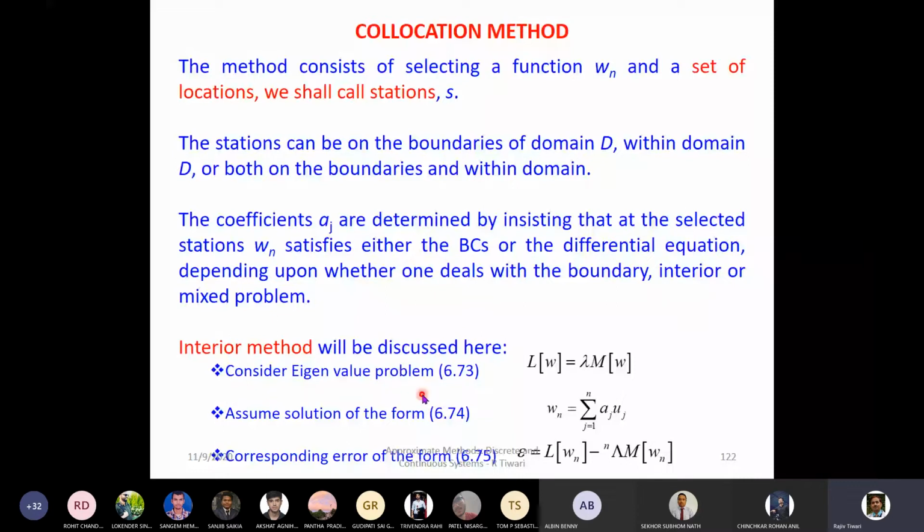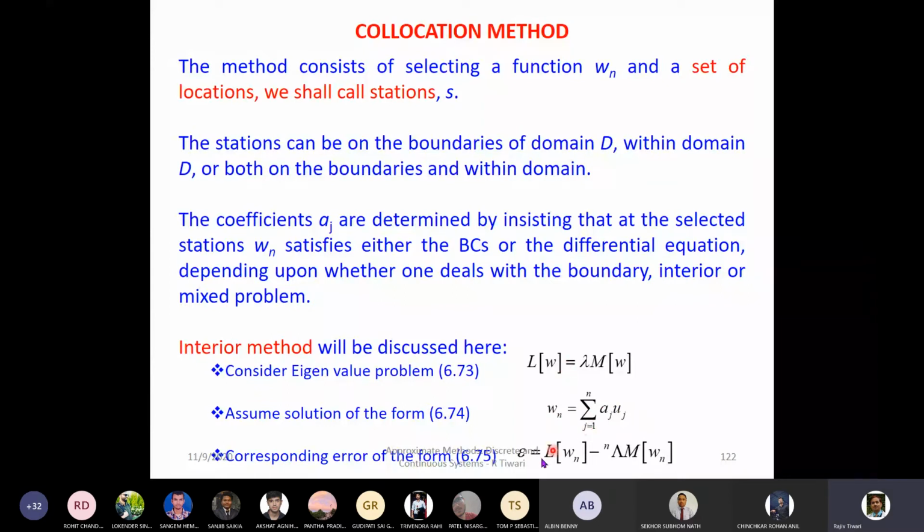If you just recall, for a continuous system we had the eigenvalue problem like this: L operator on W equals lambda, the eigenvalue, times M operator on W. Here we assume the solution in the form of a series like this. Depending upon the method we choose, here we will be choosing V. But once we have chosen the approximation, then we substitute here.